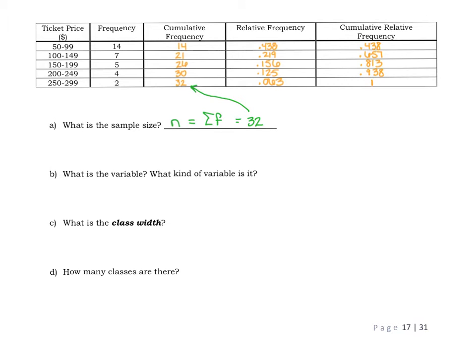Okay. What is the variable? What is it that we were trying to find out? This is all information about average ticket price. And what kind of variable is it? Is it qualitative or quantitative?